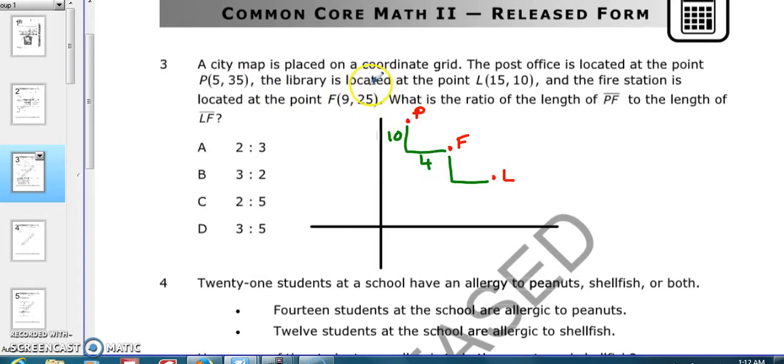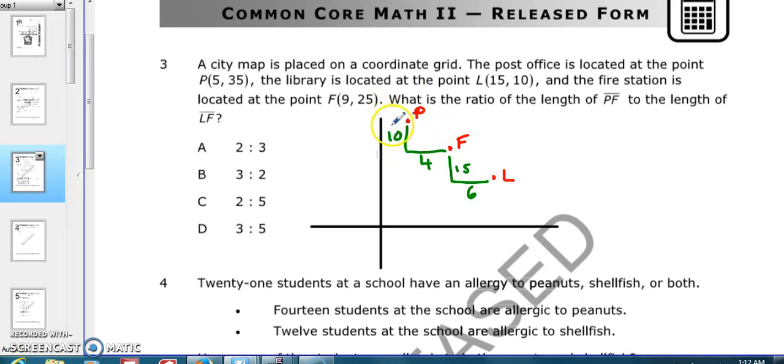Now, I'm not worried about the fact that my illustration is not to scale. I'm just trying to give myself something to go by here. So from F to L, from 25 to 10, we're going down by 15, and from 9 to 15, we're going over by 6.